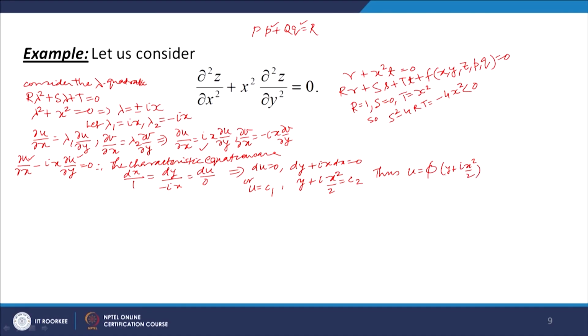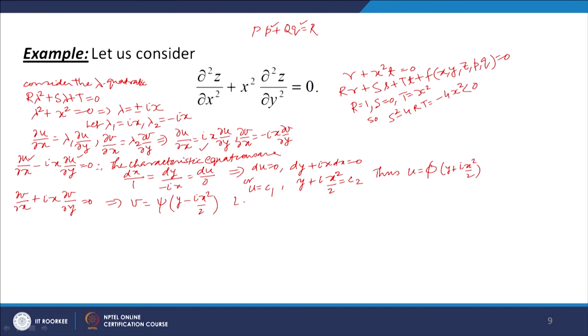And in a similar manner, this other characteristic equation, dy plus ix dx equal to 0, implies that instead of minus ix, now we have plus ix. So, this we will get y minus i x square by 2.